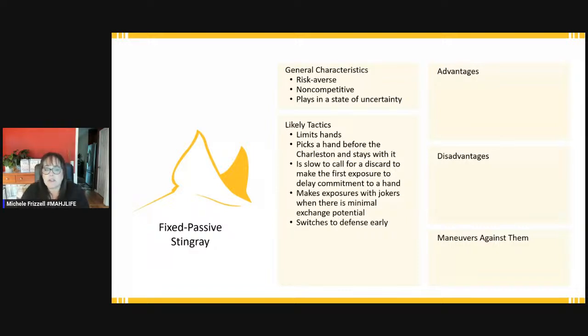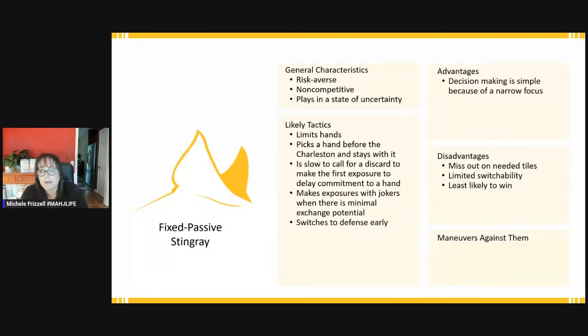So the advantage to this playing style is it makes decision-making simple because you have a narrow focus on the hands that you choose to play. Also, it has disadvantages. One is you may miss out on needed tiles. You also have limited switchability, because when you have a fixed style of play, you typically commit with exposures for a hand, even if there's weakness there or maybe even a gap.